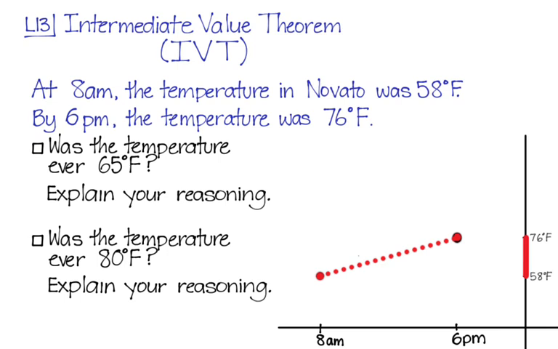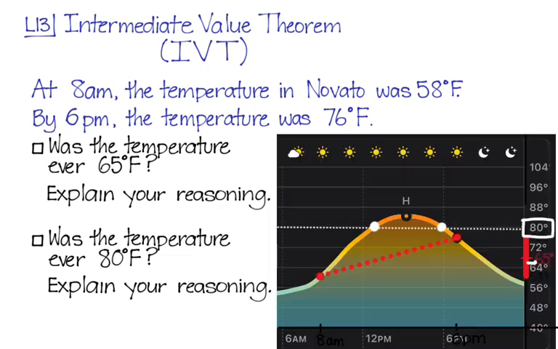Well, on this particular day that I was looking at these temperatures in Nevada, this is what it actually looked like on the map, on the weather thing. So, the temperature actually went up and then down. My question had been, was the temperature ever 65?